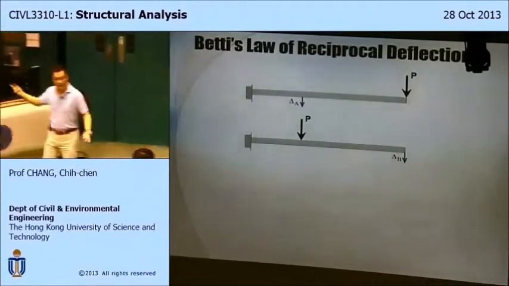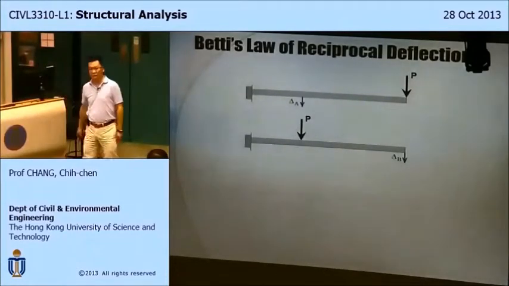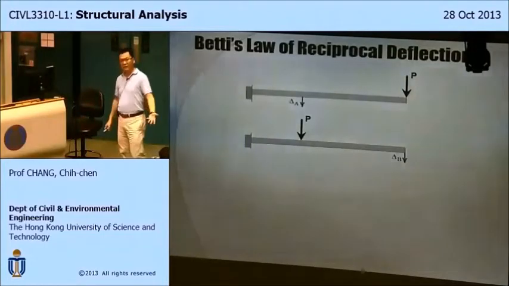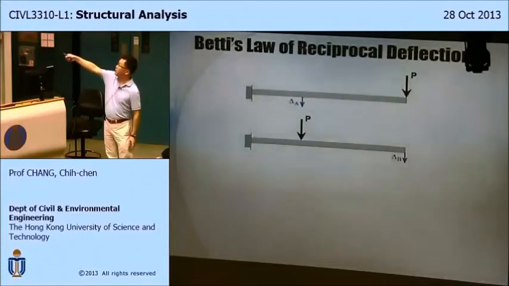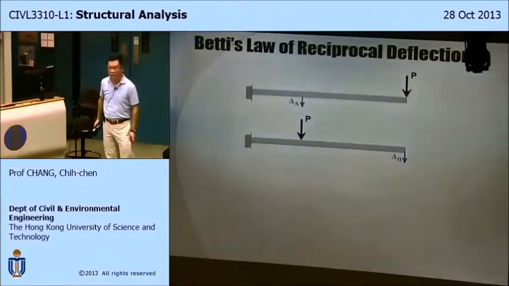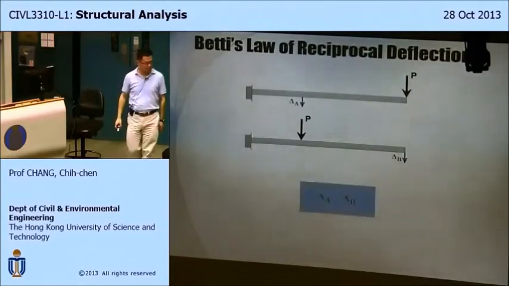Which one should be bigger? Which one should be smaller? Now, it turns out that they are the same. This times that is equal to this times that. And as these two loadings are the same, so delta A equal to delta B.